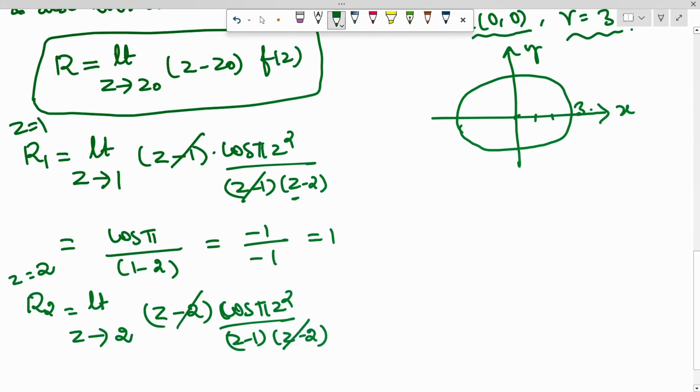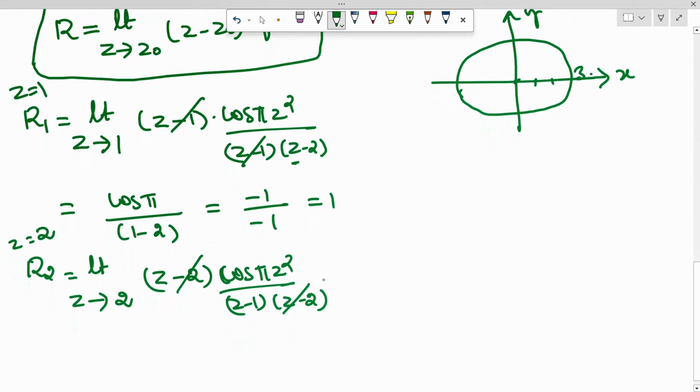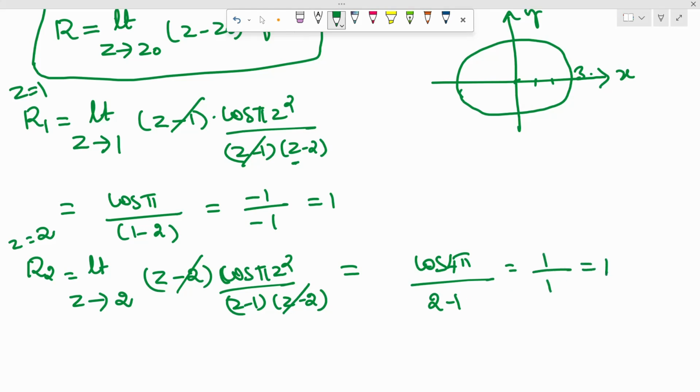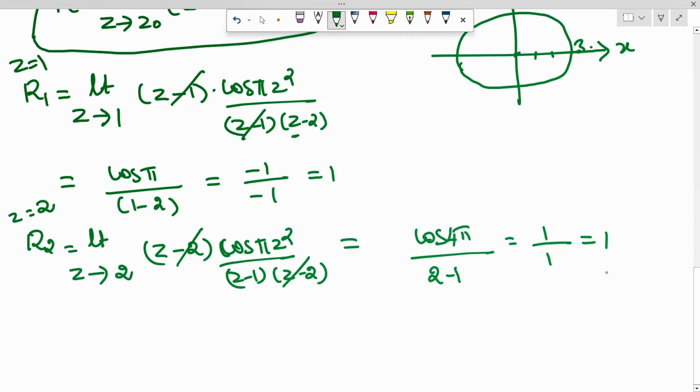Now we remove (z − 2) and substitute z = 2, which gives cos(π·2²) = cos 4π divided by 2 − 1. The value of cos 4π is 1, divided by 1, gives 1. Now we have R1 and R2.